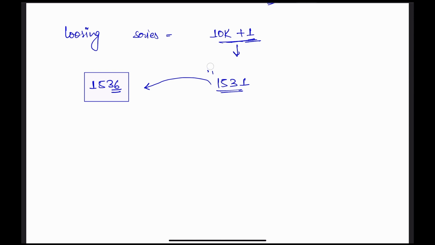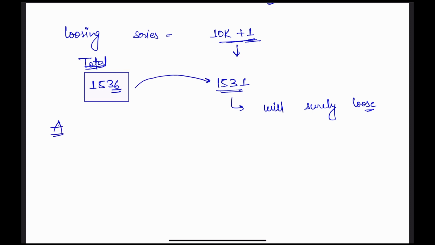The person who will have 1531 coins will surely lose. So as our hero A is starting the match, he always wants 1536 to come down to 1531.